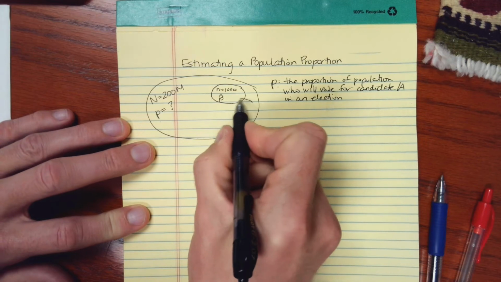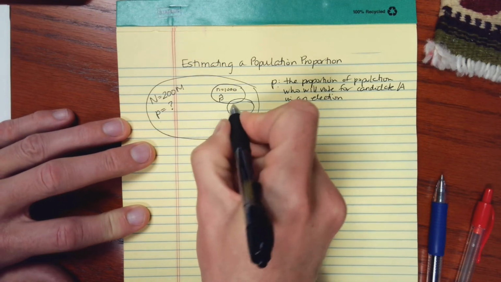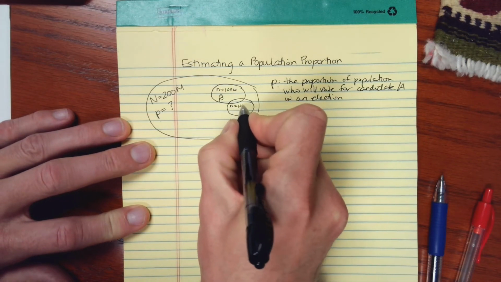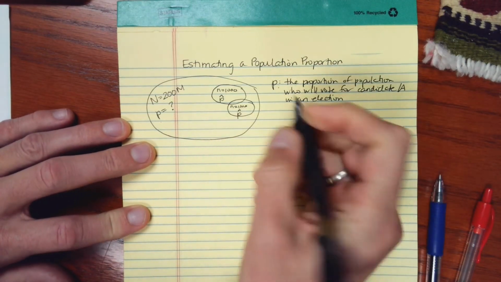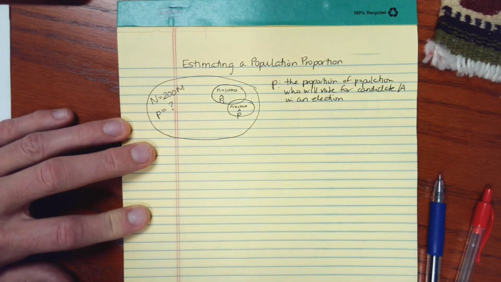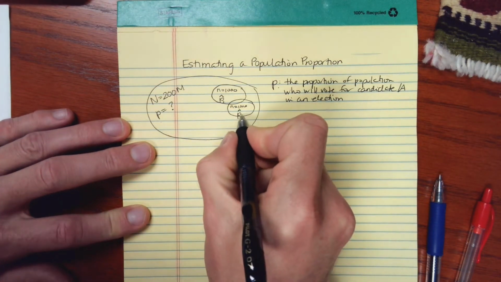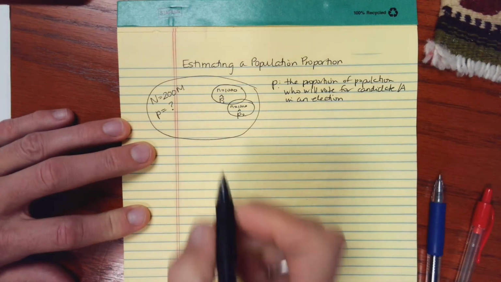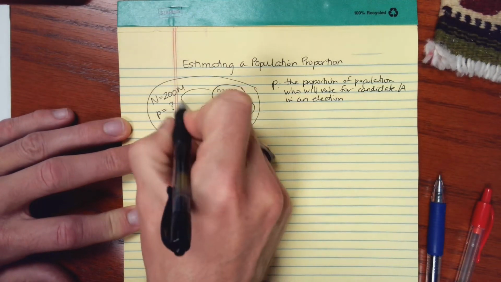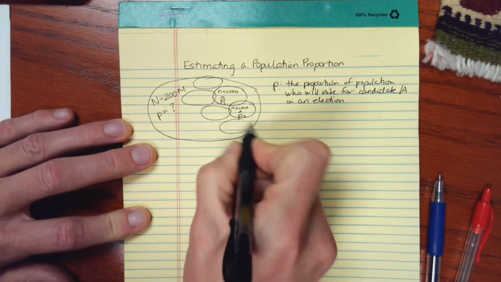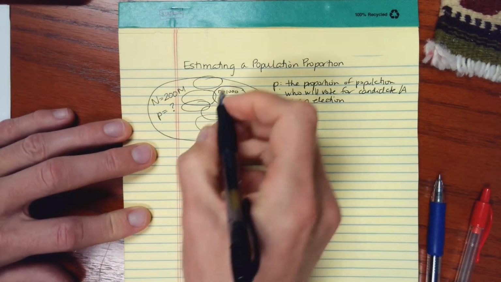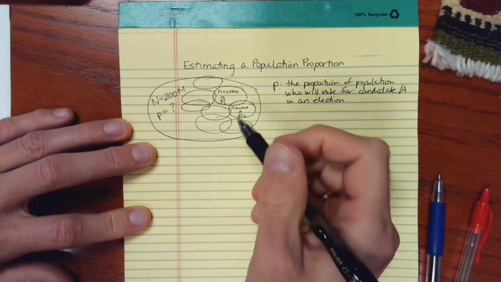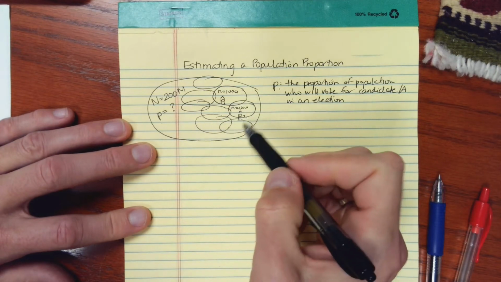But maybe I would take a different sample of the same size, n equals 1,000, and likely I would get a slightly different result for that proportion. So I'm going to put a subscript here of 1 for this one and a 2 over here. And of course, we could do this over and over and over again. Sometimes we might have some overlap, but each time I take a different sample, I would have a proportion for that sample.